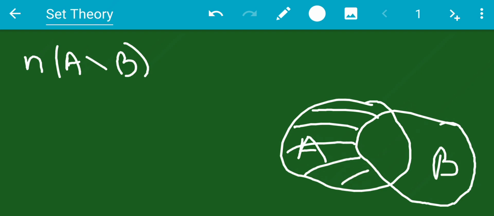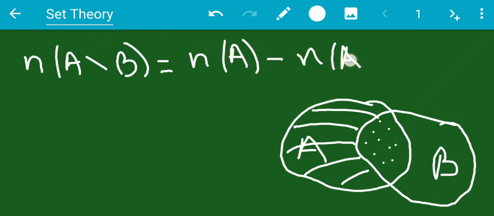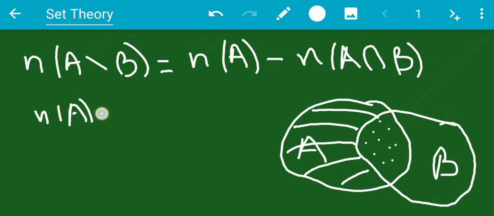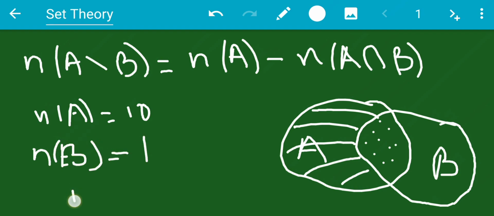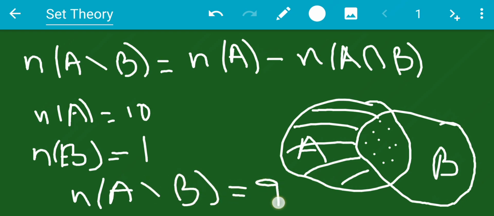This is nothing but A minus all the elements which are common to B, that is A intersection B. The formula is clear: n of A minus n of A intersection B. Here also, if you know n of A, suppose this is 10, and you know n of A intersection B is 1, then n of A difference B is 9.